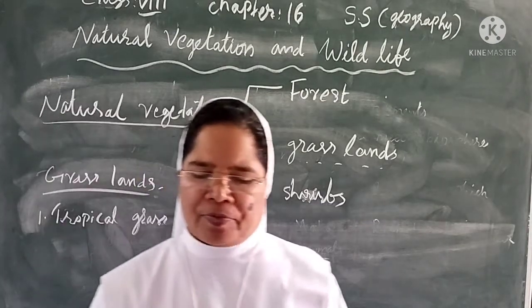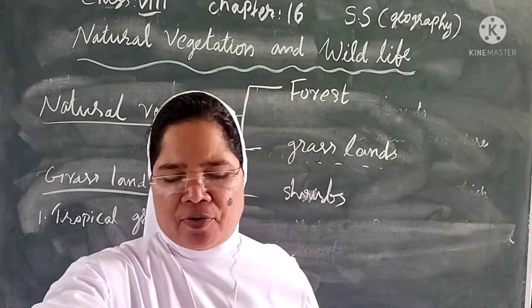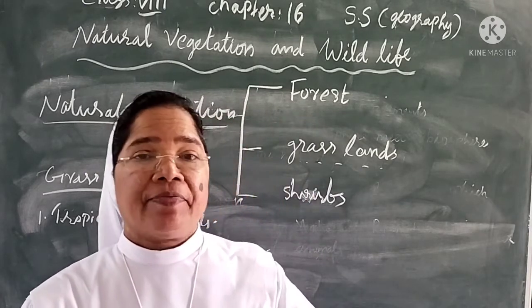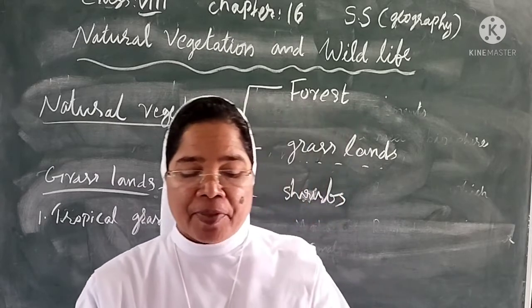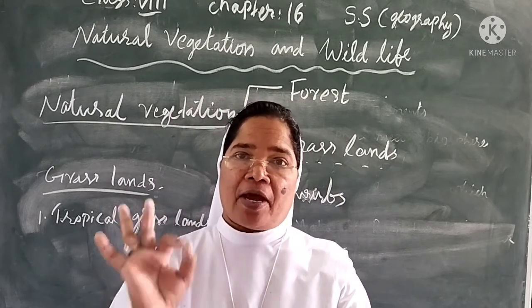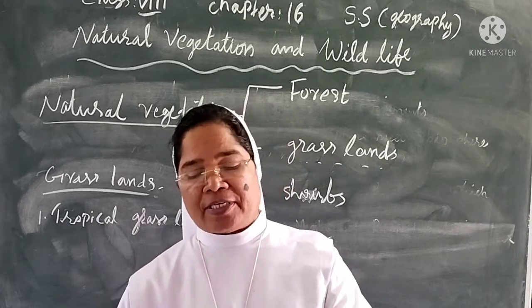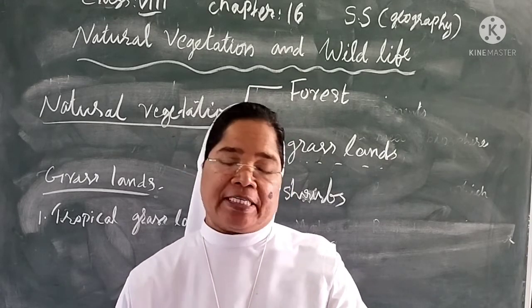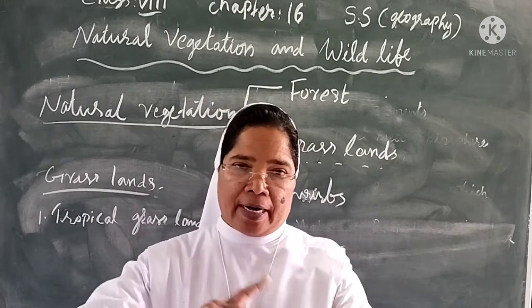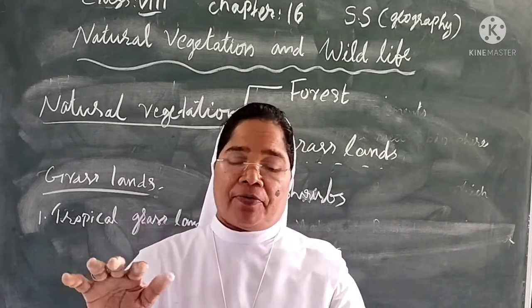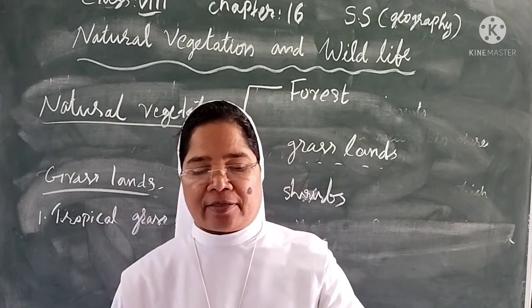Tropical grasslands are found between the equatorial forest and the tropical desert.